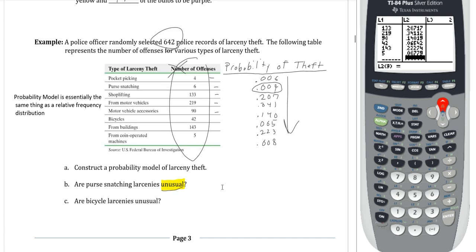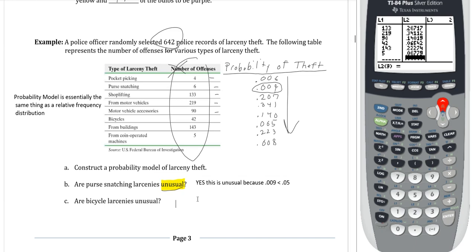In this case, because that is less than 5%, yes, this would be unusual, because 0.009 is less than 0.05. That's all I need to say for unusual.